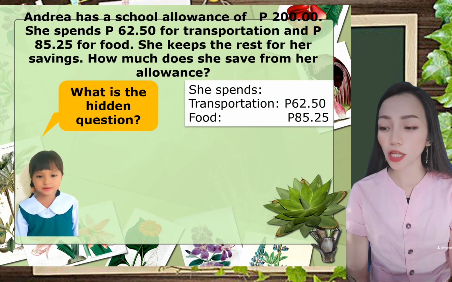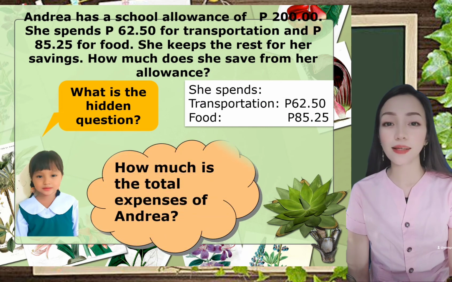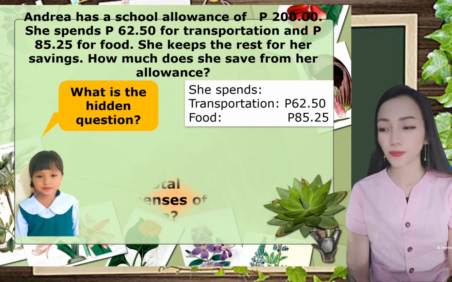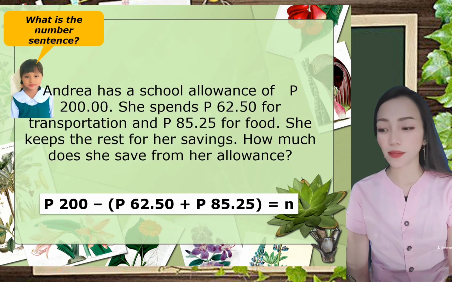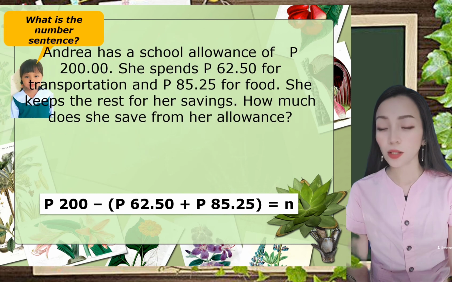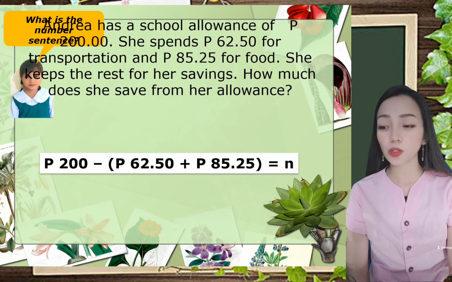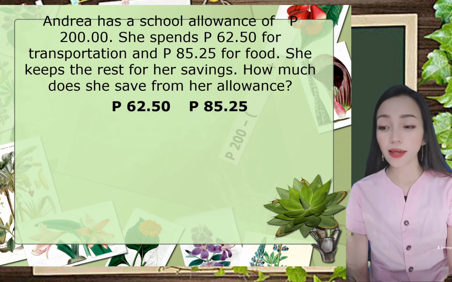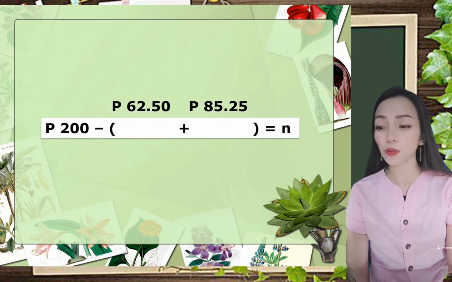How much is the total expense of Andrea? That is the hidden question. What is the number sentence? That is 200 pesos minus the sum of 62.50 and 85.25 pesos equals n, which is the unknown number.